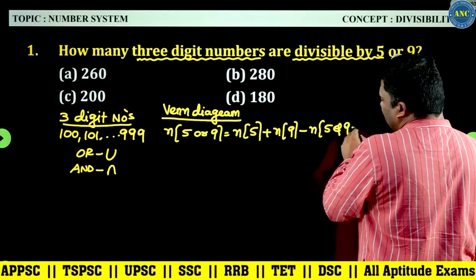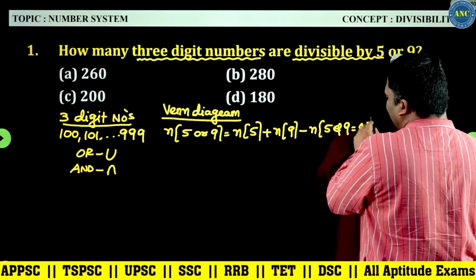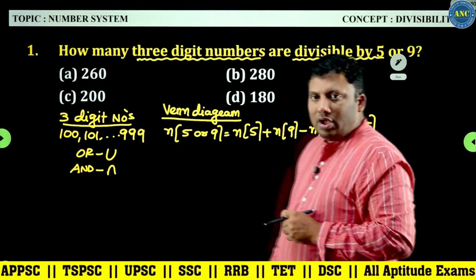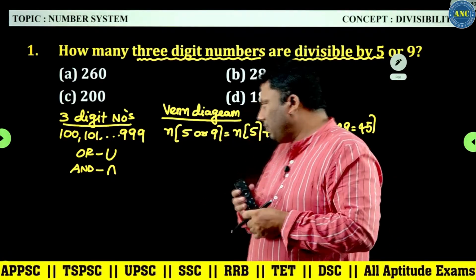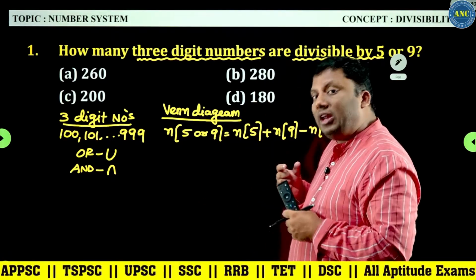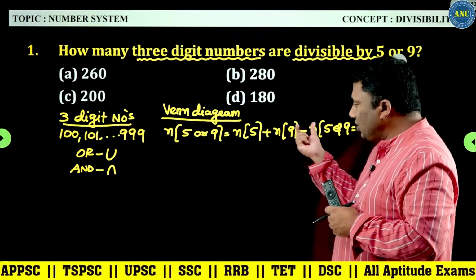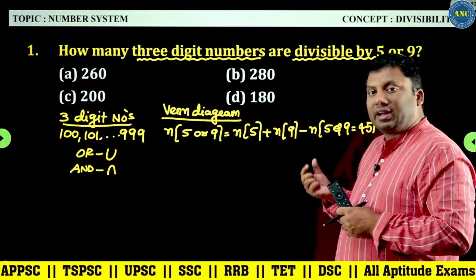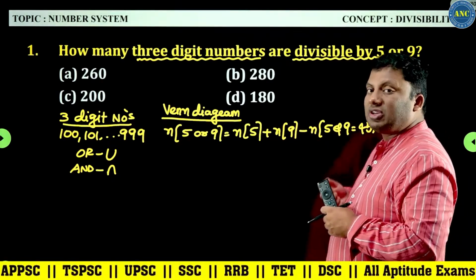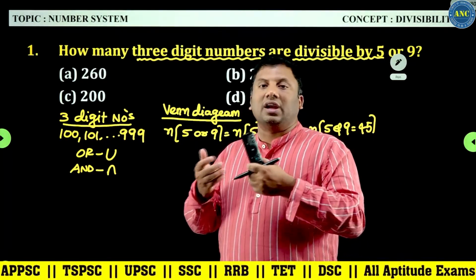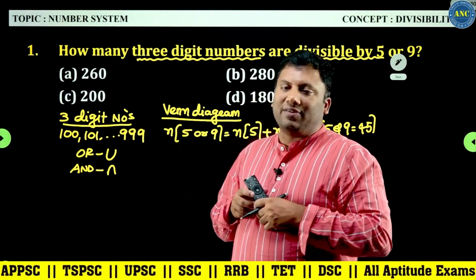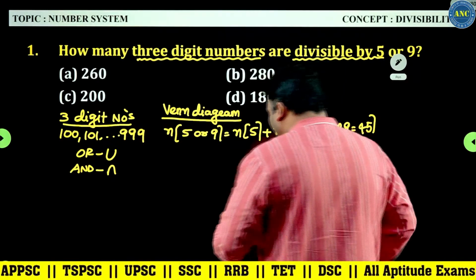The numbers which are divisible by both 5 and 9 are the multiples of 45. Total, how many 3-digit numbers are there which are divisible by 5? Write it here. How many 3-digit numbers are there which are divisible by 9? Write it here. Subtract the numbers which are divisible by both 5 and 9. So how do we do it?